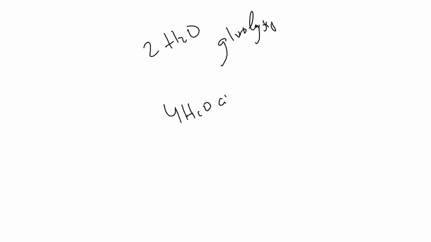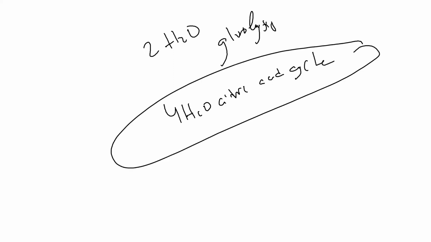It's 2H2O from glycolysis and 4H2O from the citric acid cycle, because I forgot to multiply the water by 2. So it's 6H2O, 6CO2, and 32 ATP.